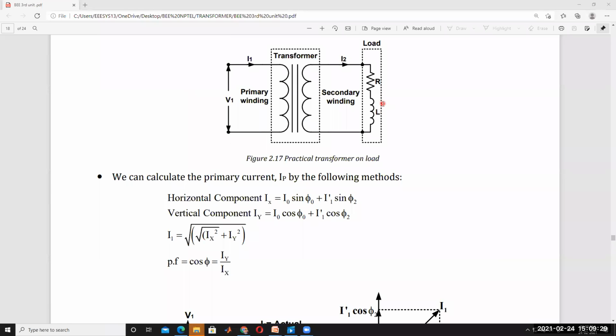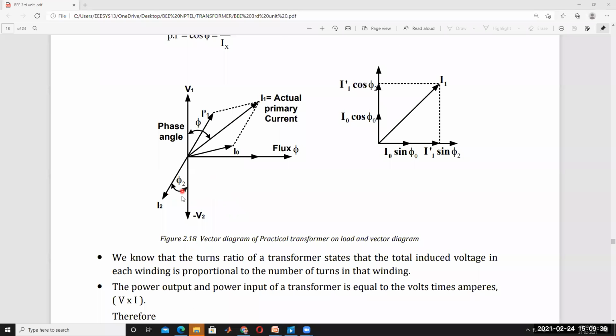Across the inductor, current lags and voltage leads. In this vector direction, the voltage leads and the current lags by some angle phi 2, that is called the load power factor angle phi 2.